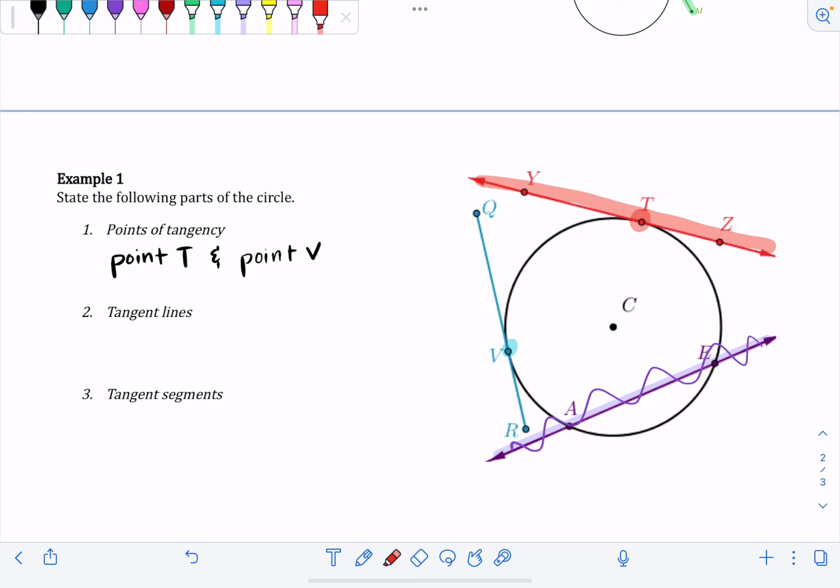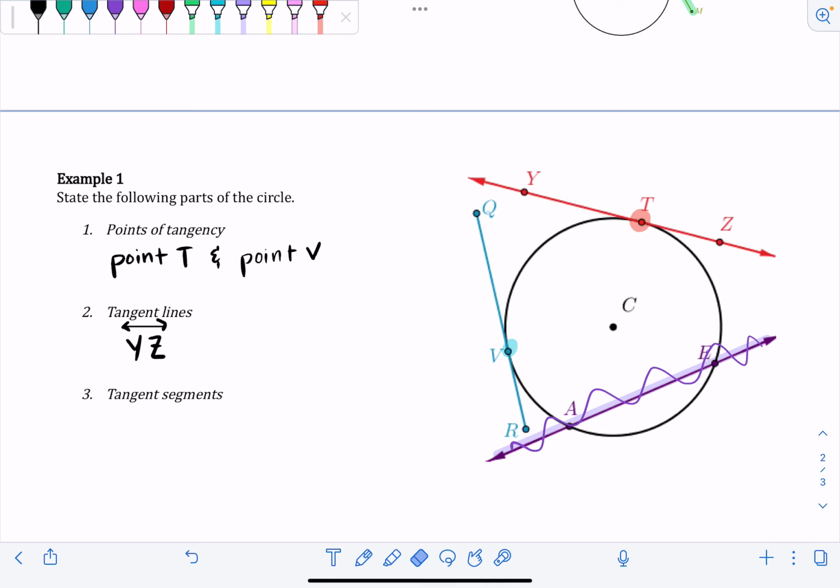But the red one is a line because you do see the arrows, so that's going to be our only tangent line for this example. So our tangent line would be YZ, or you can switch the order and do ZY. You just have to make sure that you put the line symbol above it. But again, we don't use the blue because it's a segment. It doesn't have arrows on the outside.